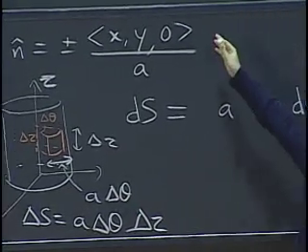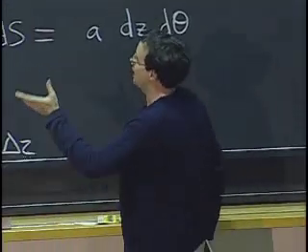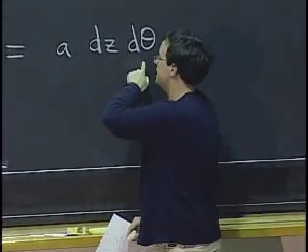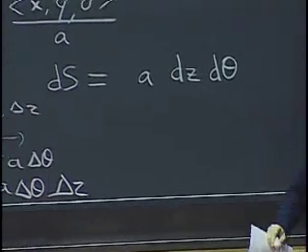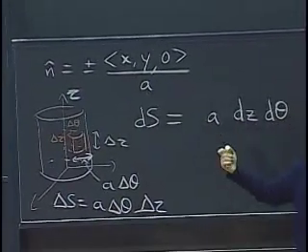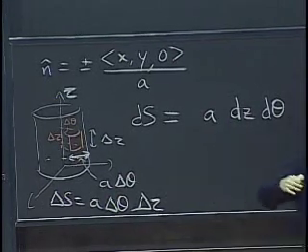And so when we set up the flux integral, we'll take first the dot product of F with this normal vector. Then we'll stick in this dS. And then, of course, we'll get rid of any x's and y's that are left by expressing them in terms of theta. Maybe x becomes a cosine theta, y becomes a sine theta.